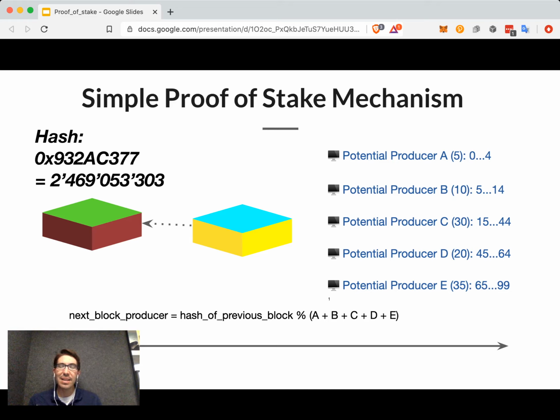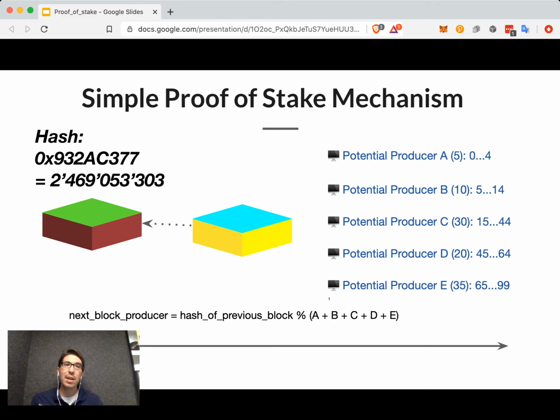It has an anti-Sybil resistance mechanism here, since you need coins in order to take part in this. And the more coins you have, the more likely you are to produce blocks. And we can assume that the producer gets some other reward, potentially tokens in here.